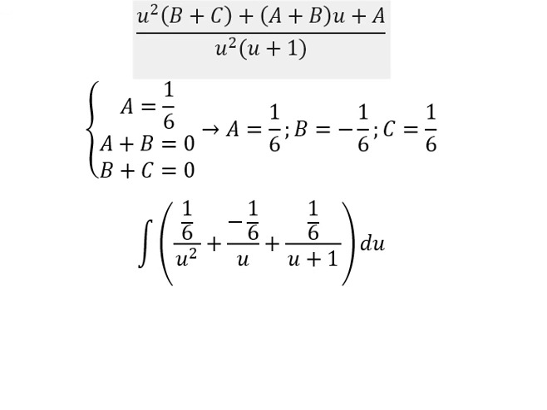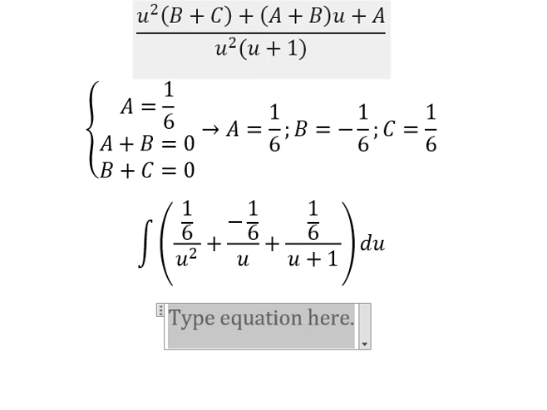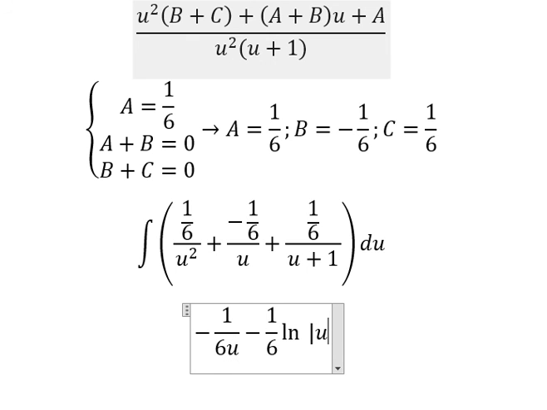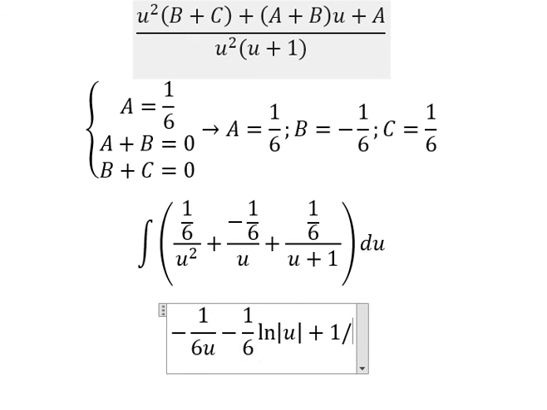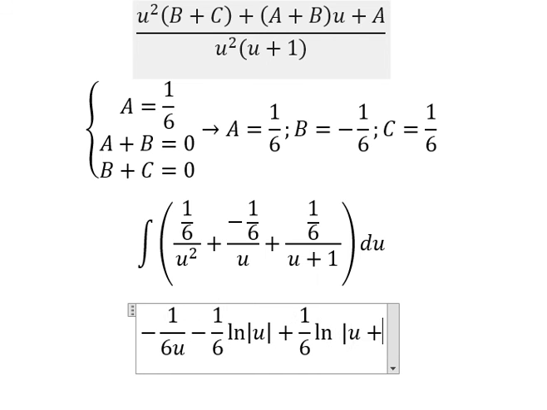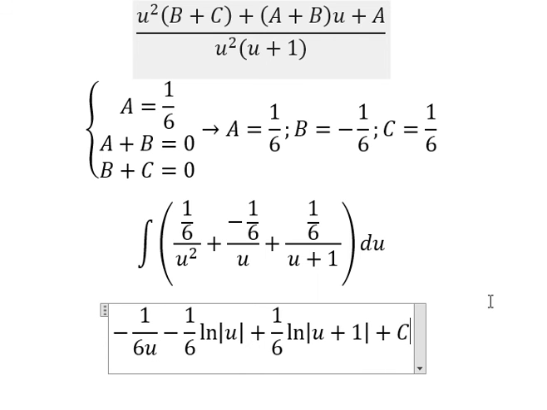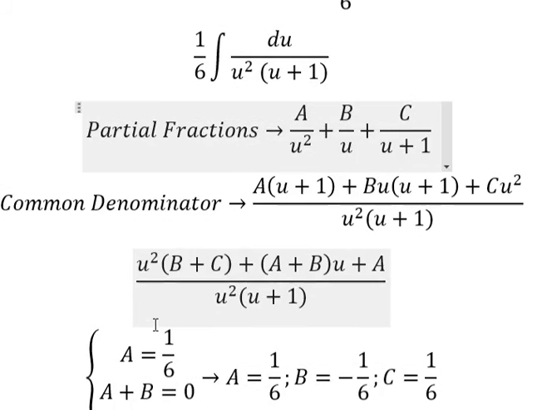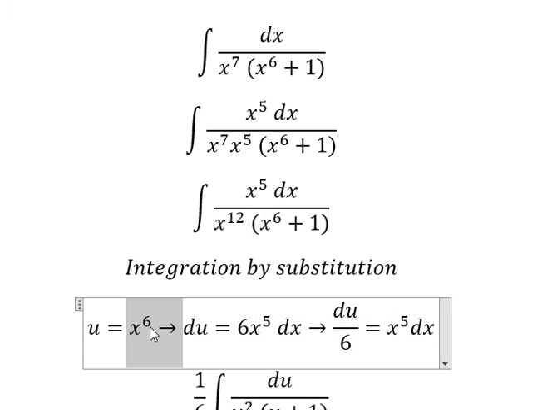So the integration of this one, we have negative 1 over 6u. The next one, we have negative 1 over 6 ln of the absolute value of u. And this one, we have 1 over 6 ln of the absolute value of u plus 1. And we put C. About u, that is about this one.